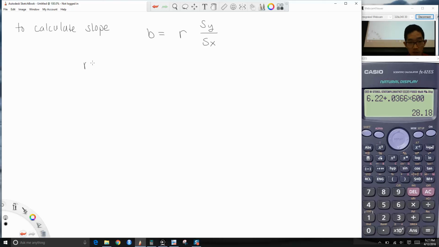Here r is the correlation, and sy is the standard deviation of basically the y values.